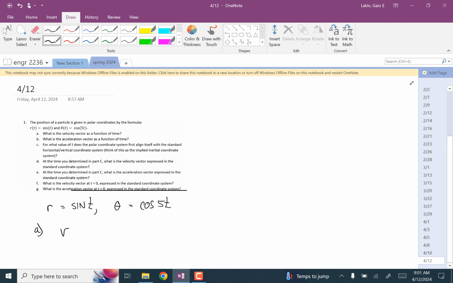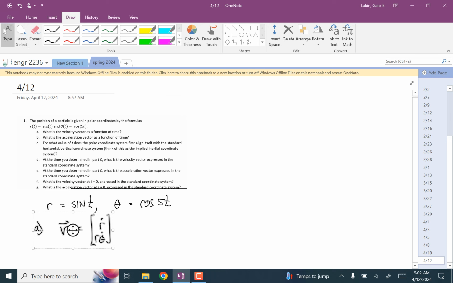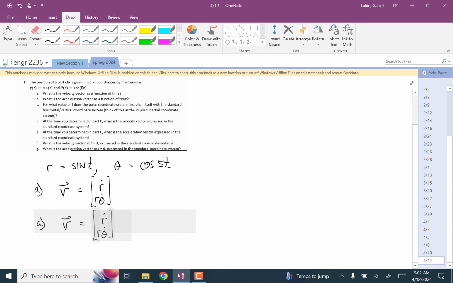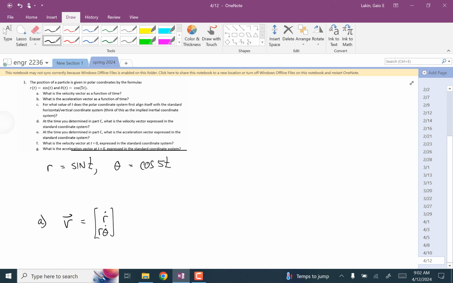So the velocity is r dot, r theta dot. And so let's calculate these things. Okay, so r dot is cosine of t.